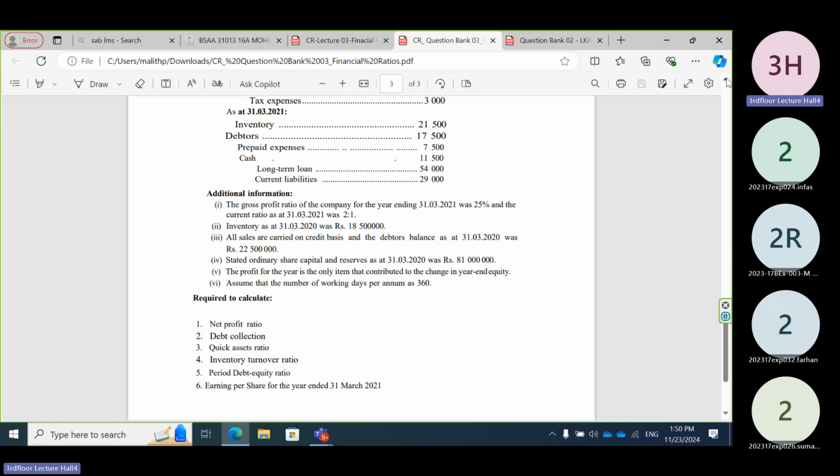What we did, 180,000 shares. You can put a bracket here. So this is the number: equity plus capital that included 180,000 shares.